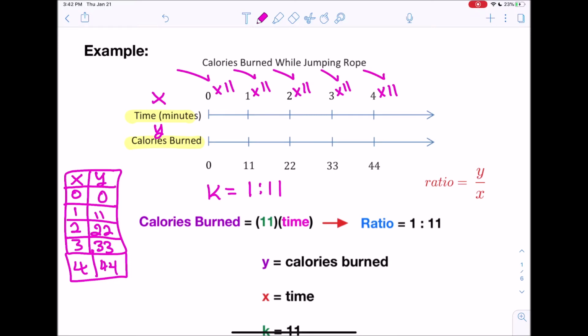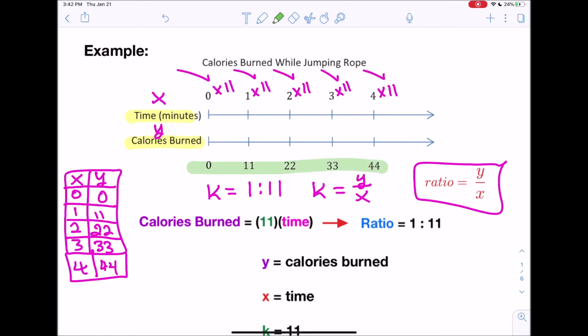Another way you could have figured it out is to remember that our unit rate also equals y divided by x. That's the ratio, right? So I know that the unit rate always equals y divided by x. Here are my y's, here are my x's, and I'm going to divide them.